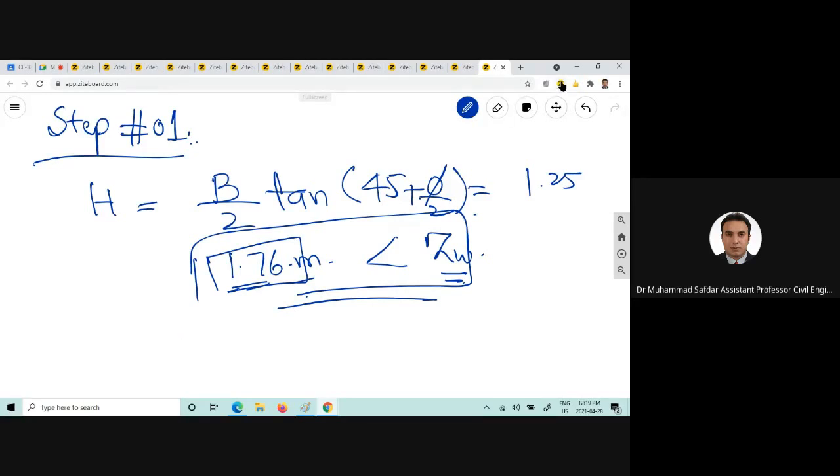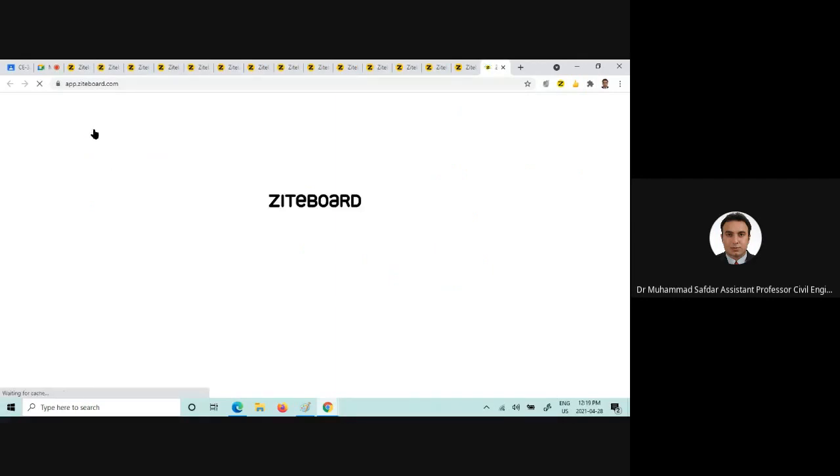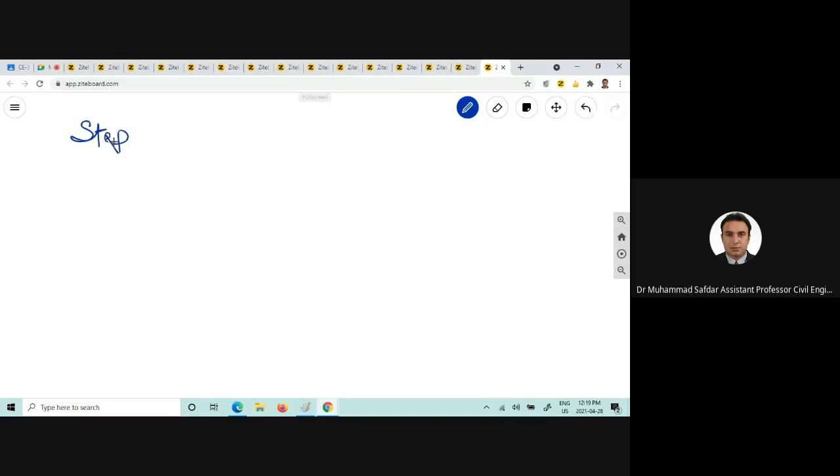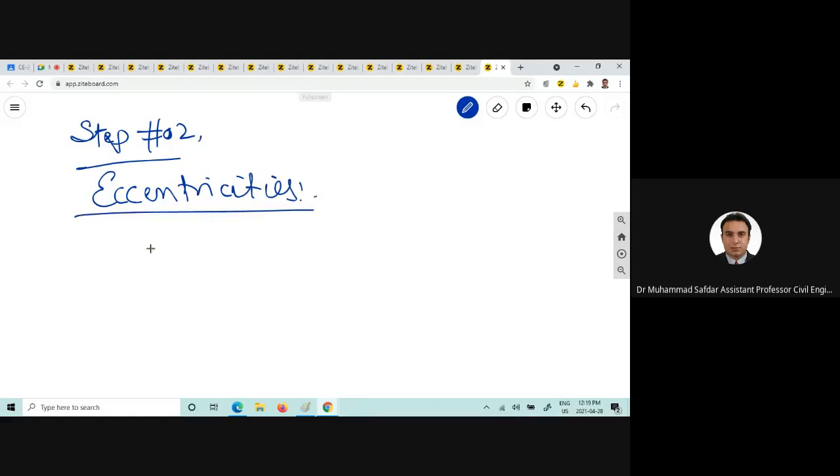Now we will find out the eccentricities. Then I would say step number 2, so give me the values for the EB, give me the values for EL, and I need values for B prime, and I need value for L prime.